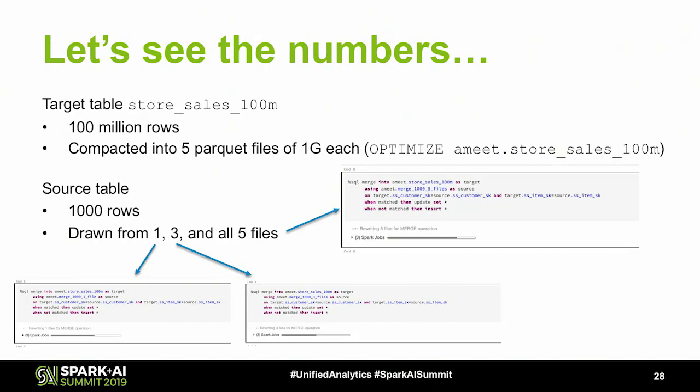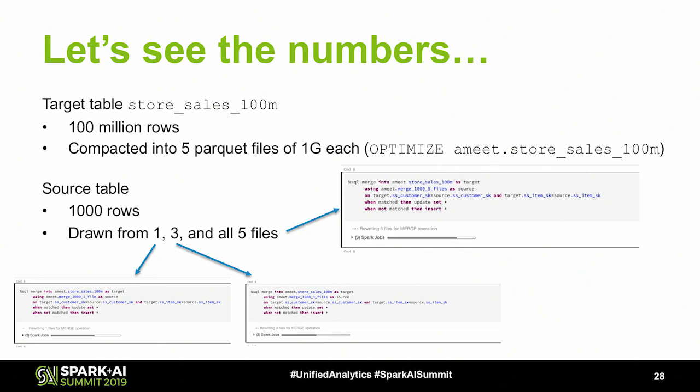I wanted to show you an example that shows how tightly outer join and merge is tied to the cloud storage write time. So I've done a simple experiment here. I've taken the familiar 100 million row store sales table, and I've neatly packed it into 5 1 gig files. So I basically ran the delta optimize command, which packs it into 1 gig files. And I'm running the merge command 3 times.